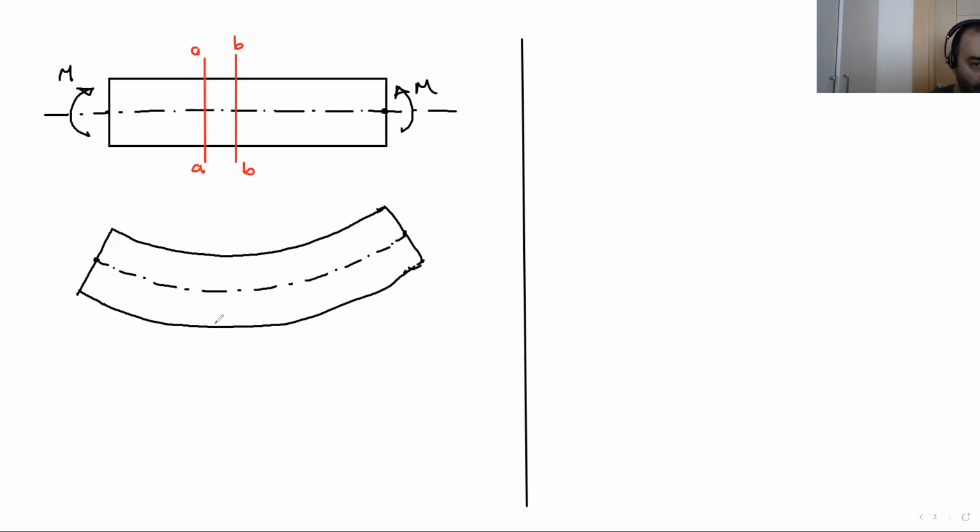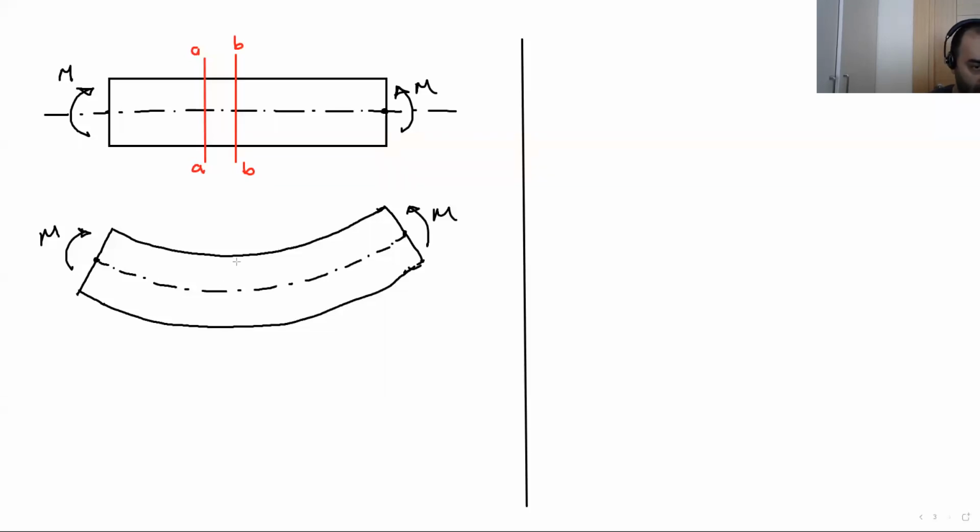And we have the bending moment M at this section here.